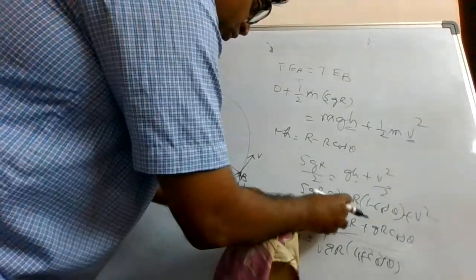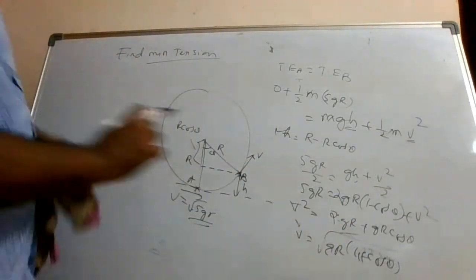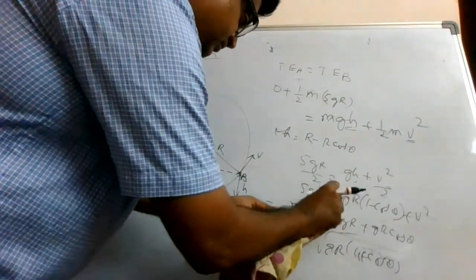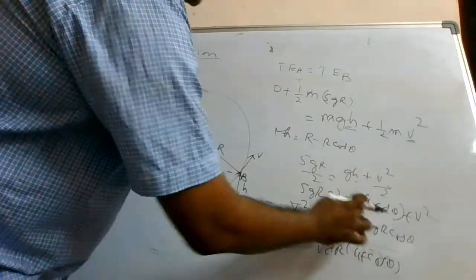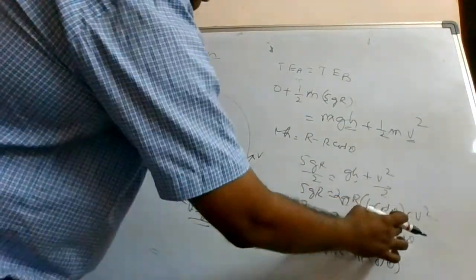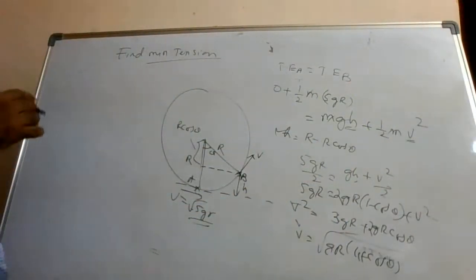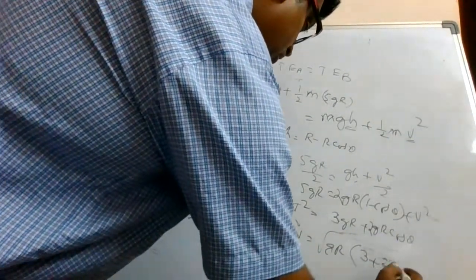So when you are putting 2 here, 5gr minus 2gr here, this will become 3 actually. 5gr minus 2gr, 3gr. 2gr cos theta, no? When it goes to the other side, this becomes 2gr cos theta, right? So this formula will become, if you take gr common, 3 plus 2 cos theta.